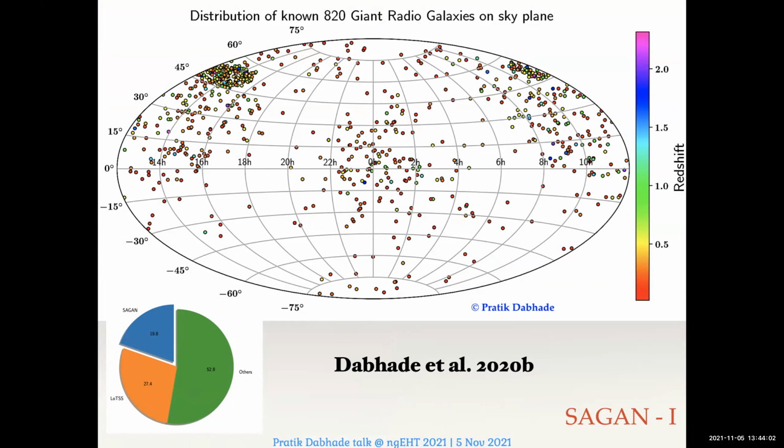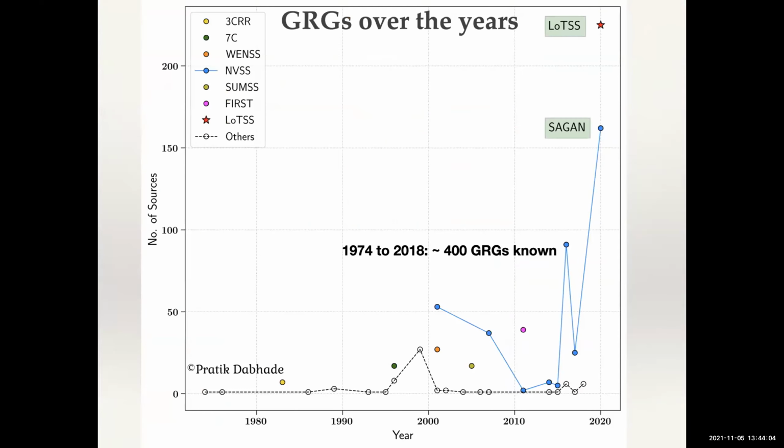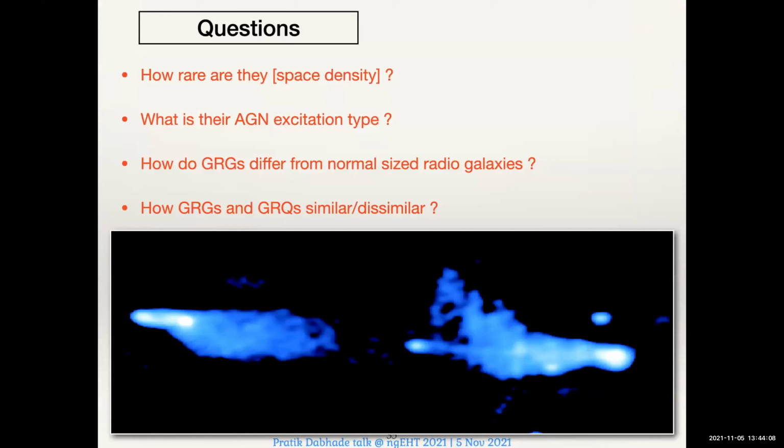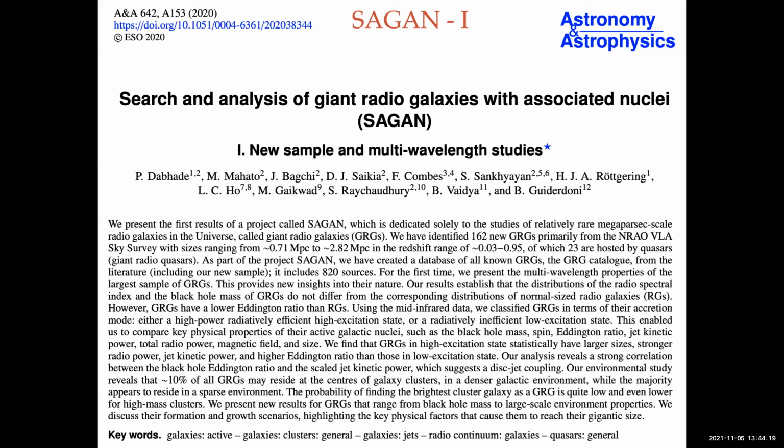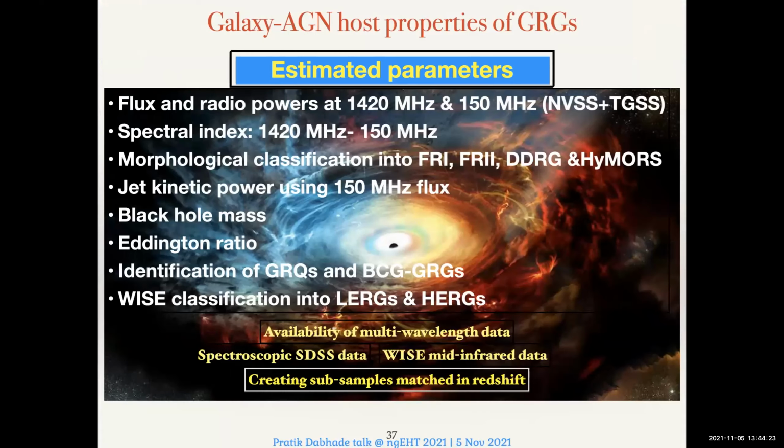That's the largest catalog to date, and using it we carried out further study to answer questions about their space density, AGN type, and their similarities or dissimilarities with the normal-sized radio galaxies. That formed the content for this paper.